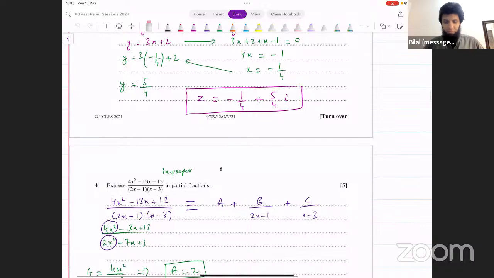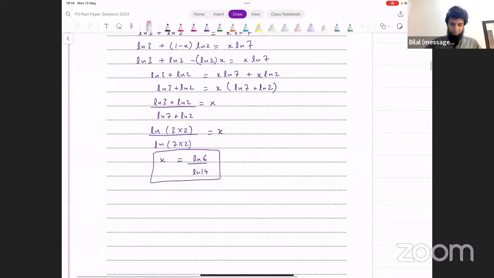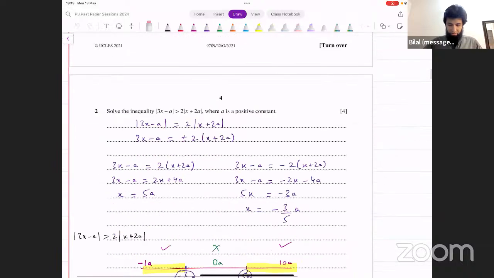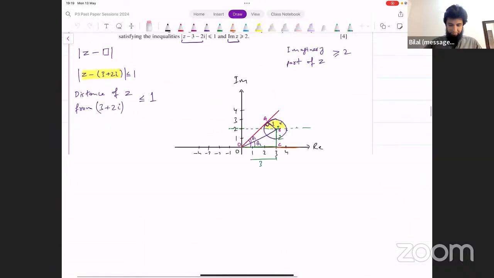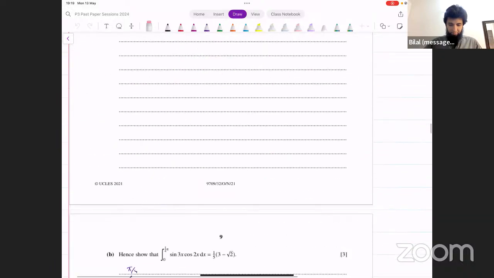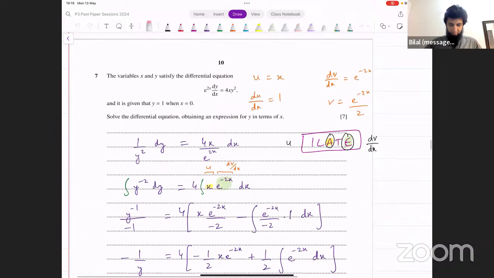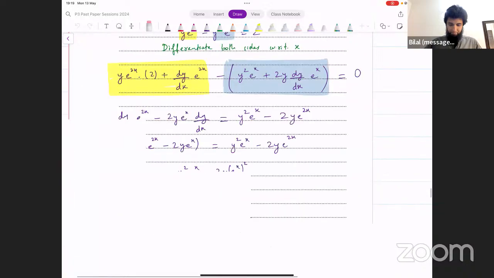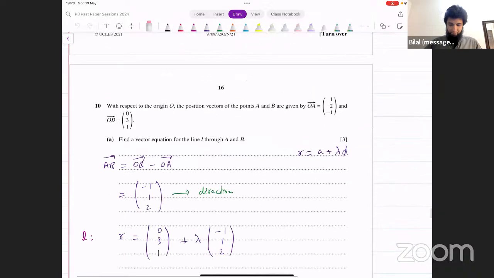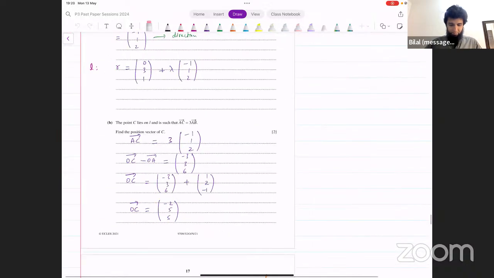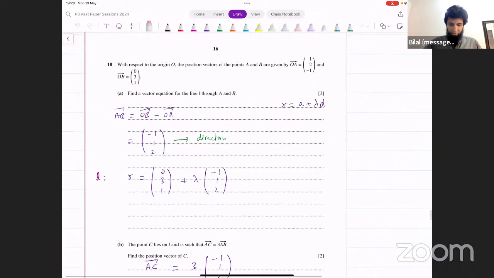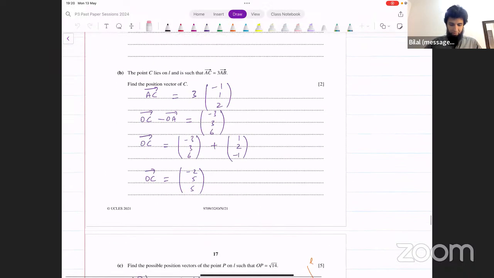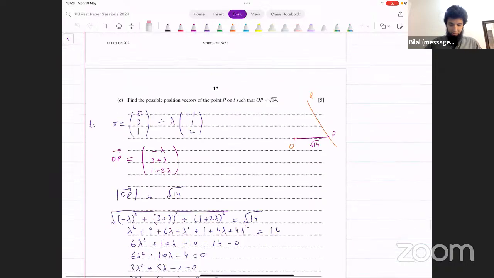What's the question number? Vectors question. Let me see if I can find that here. Vector equation for line through A and B, that's straightforward. And then this is equal.